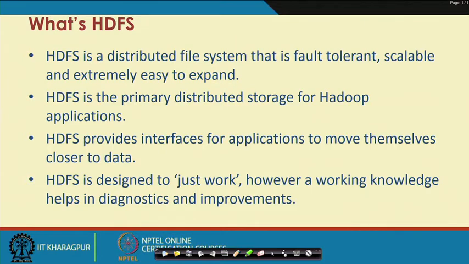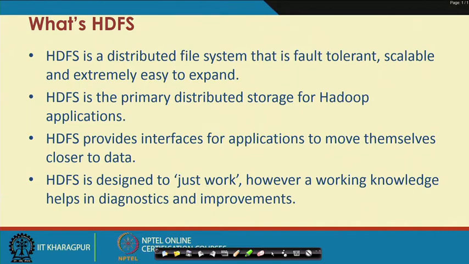HDFS is used as the primary distributed storage for any Hadoop application. When you are writing a Hadoop application, by default you will be using HDFS as the main distributed storage for these applications.